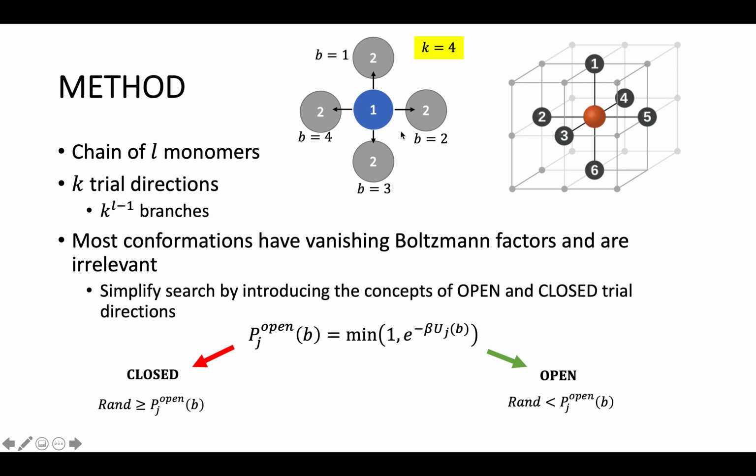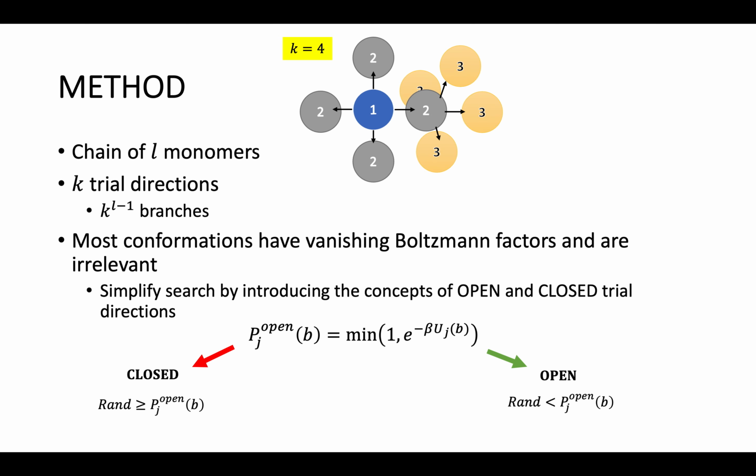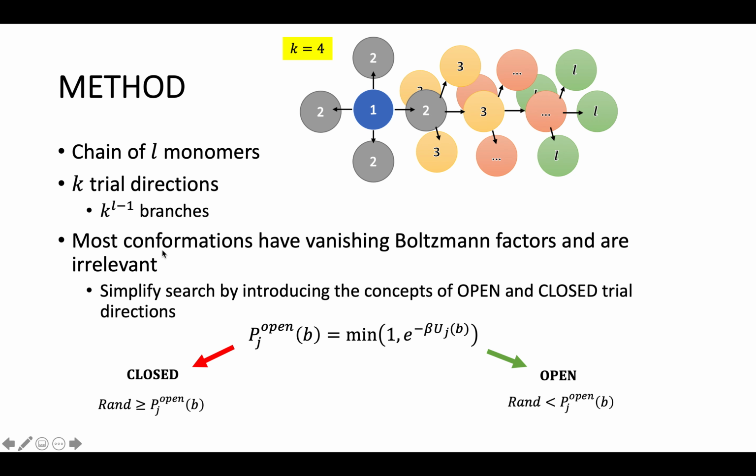If we continue to extend the chain for monomer number 3, each of the k possible dimers we already thought about would also have k possible directions where we can insert monomer 3. So if we continue up until monomer L, we would have k to the L minus 1 possible conformations, possible branches.